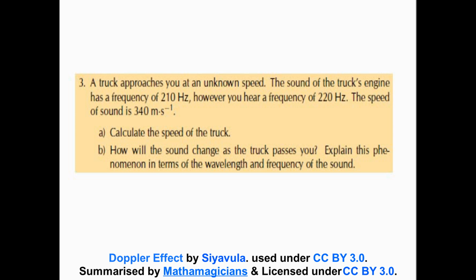All right, B, how will the sound change as the truck passes you? Explain the phenomenon in terms of wavelength and frequency of sound. Well, we know that as the truck passes you, what happens to the frequency?